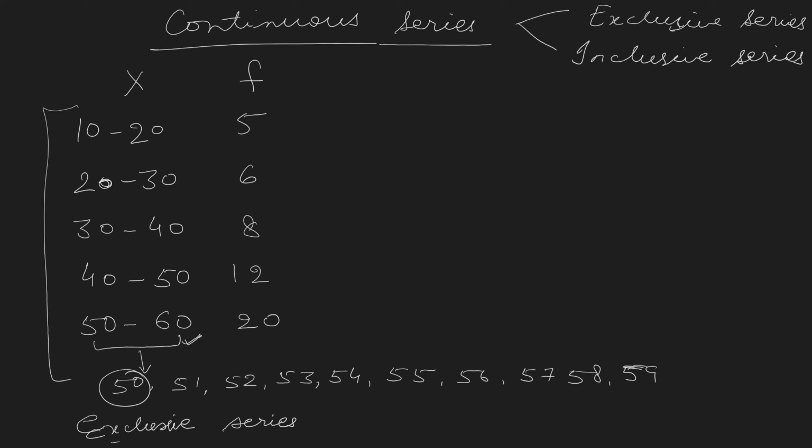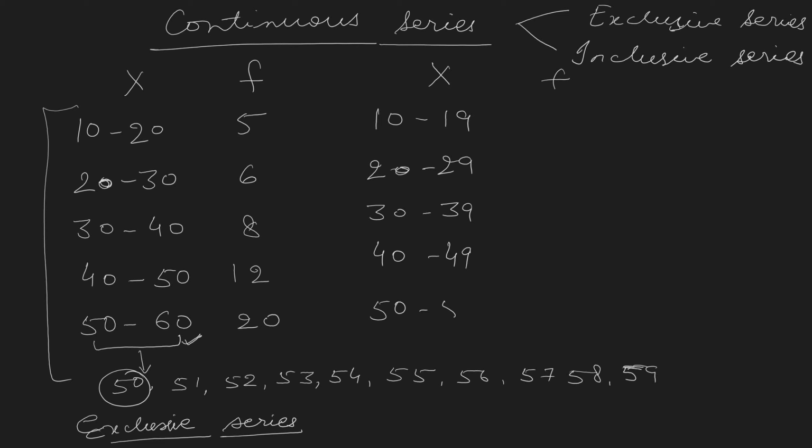It can also be like this: x, and corresponding to that the value of f, like 10 to 19, 20 to 29, 30 to 39, 40 to 49, 50 to 59, and corresponding f like 5, 6, 8, 12, 20. These are the frequencies corresponding to these values.